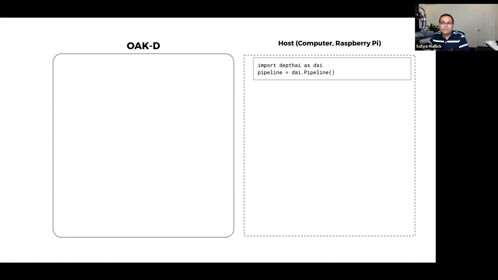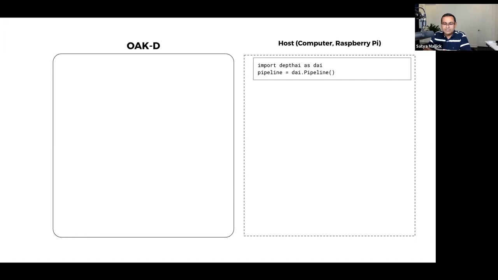The left camera and the right camera can combine into another node called the stereo depth node. And then there are some nodes for interacting with the host. Those are called XLink nodes. Whenever you see XLink, it means that we are going to communicate with the host. The camera is going to communicate with the host through this link. It could be an input XLink or an output XLink. But let's get started so that these things become more concrete.